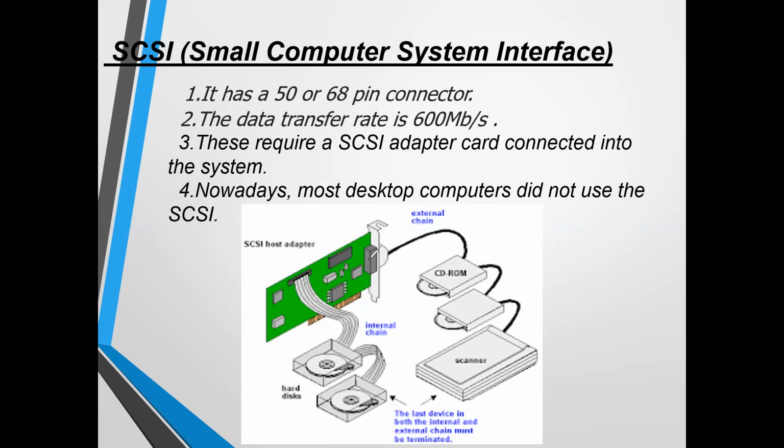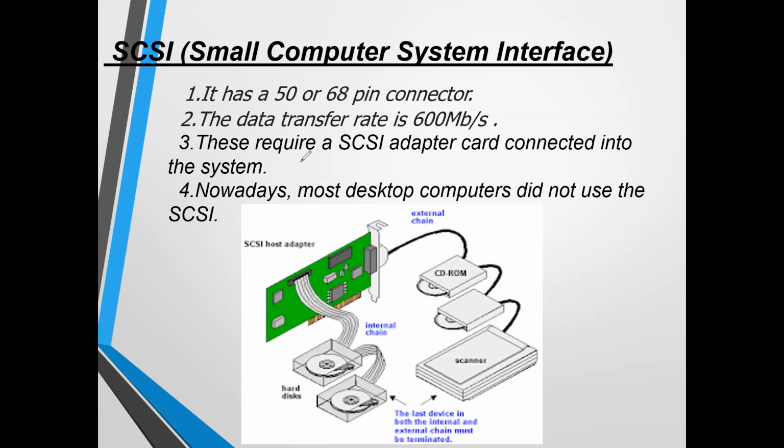This is the card that you'll have to install into the machine if you're to buy one. Nowadays, most computers do not use SCSI because they are the older ones. The new ones we've seen are the SATA, the Serial Advanced Technology Attachment. That is the kind of cable that we have.